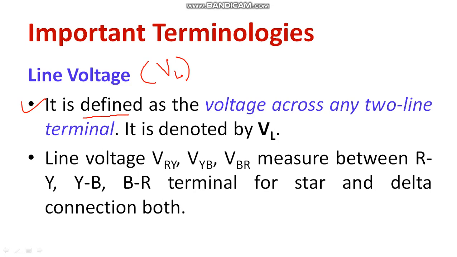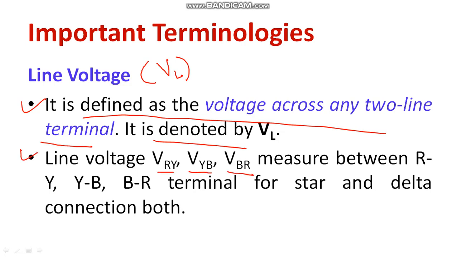It is defined as the voltage across any two terminals or any two lines, indicated by VL. For star or delta connection, we usually represent it as VRY, VYB, VBR. What does it mean? Voltage across R and Y, voltage across Y and B, voltage across B and R, where R, Y, and B are all lines, line terminals. So voltage across any two lines is called line voltage.